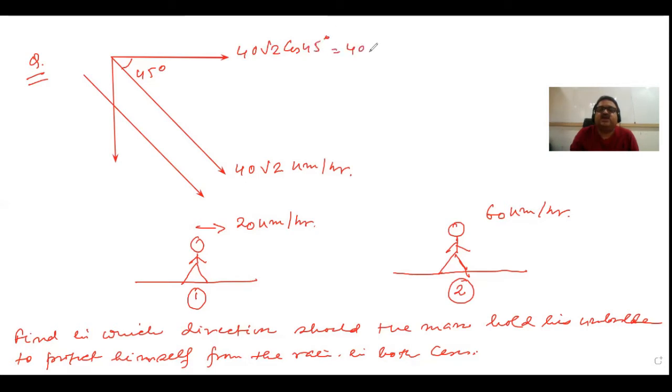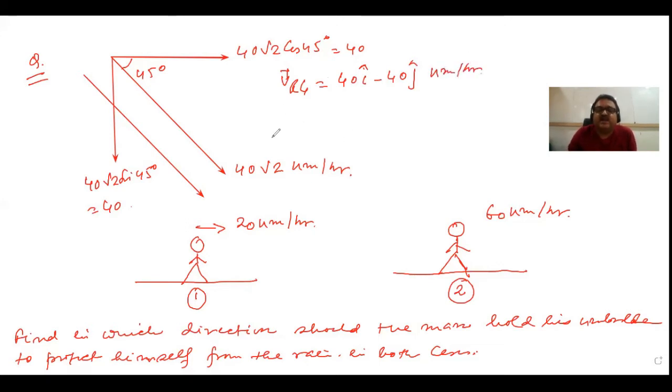That is 40. It is positive x-axis. And this is downward. It is 40 root 2 sin 45, is also 40. Correct. So what is the velocity of the rain with respect to the ground? 40 i cap minus 40 j cap kilometer per hour.